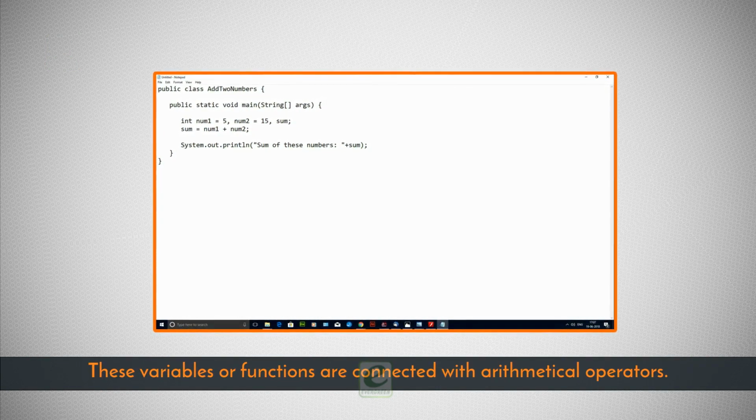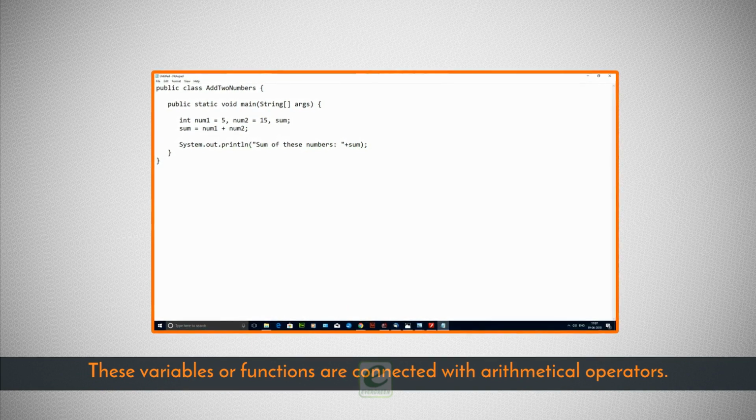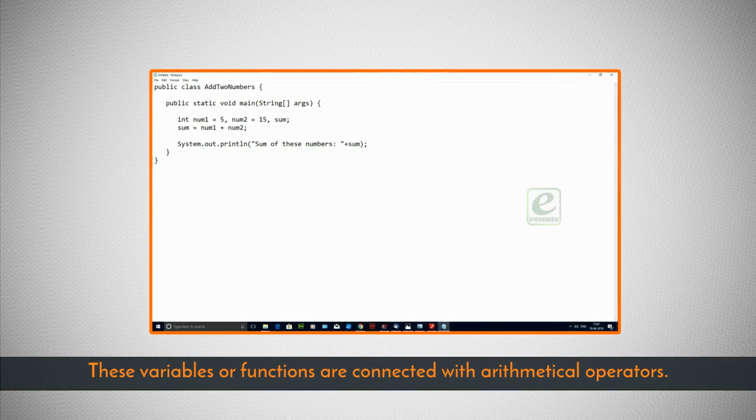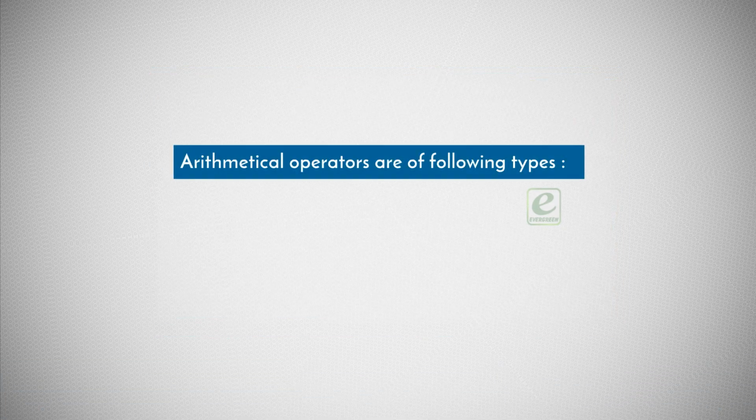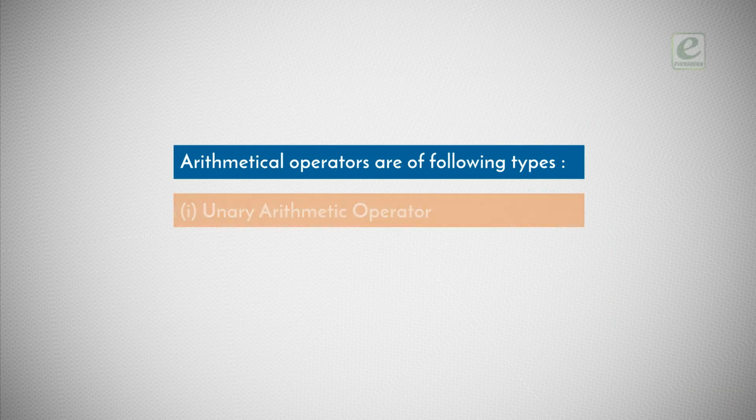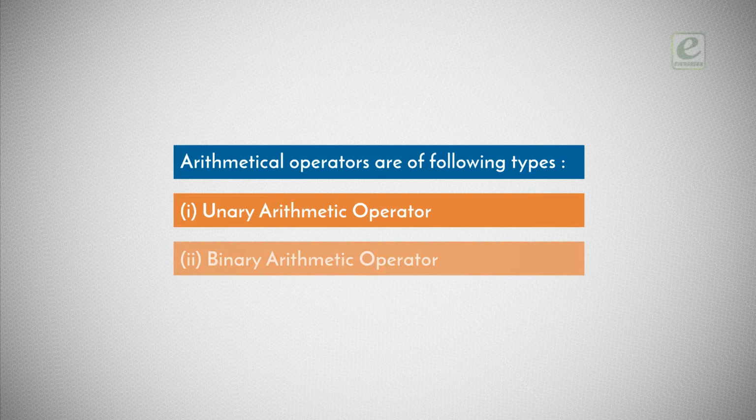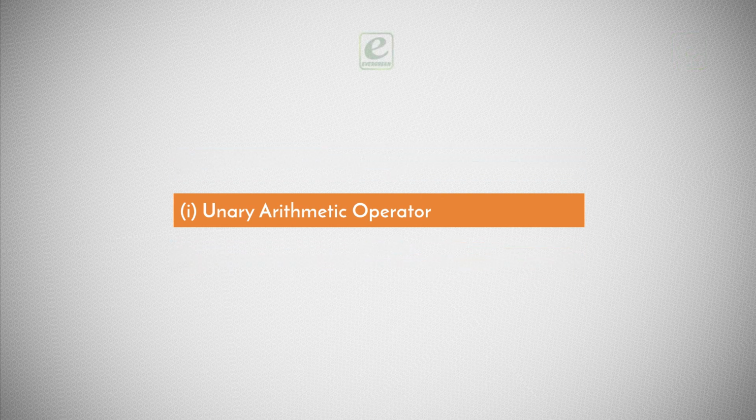These variables or functions are connected with arithmetical operators. Arithmetical operators are of the following types: 1. Unary arithmetic operator. 2. Binary arithmetic operator.